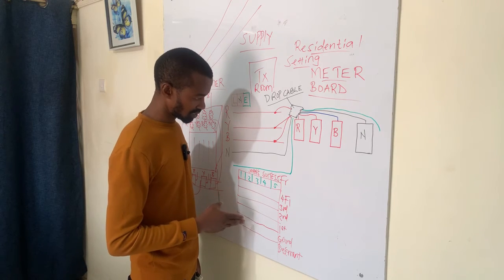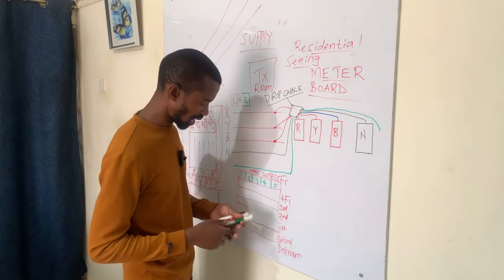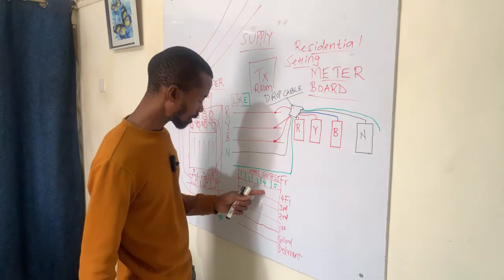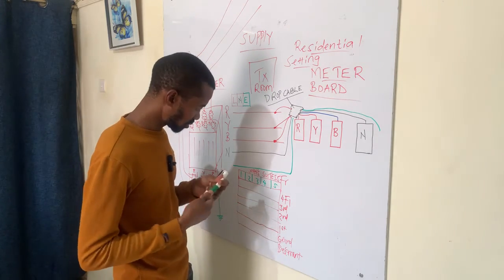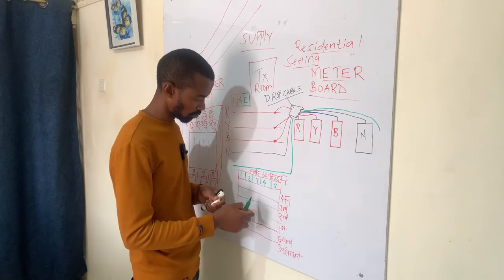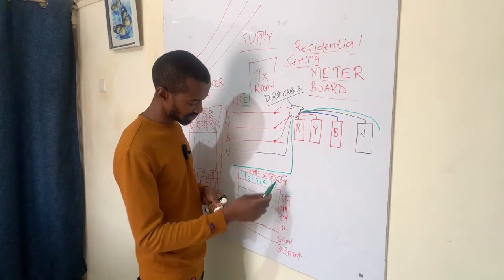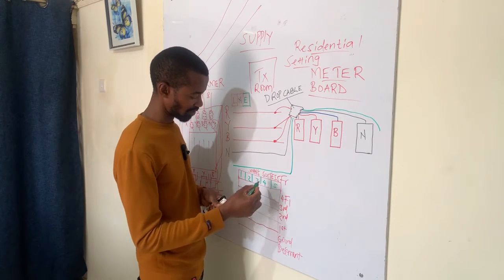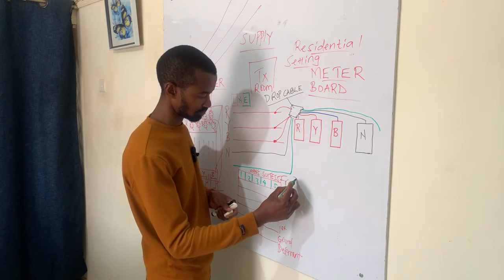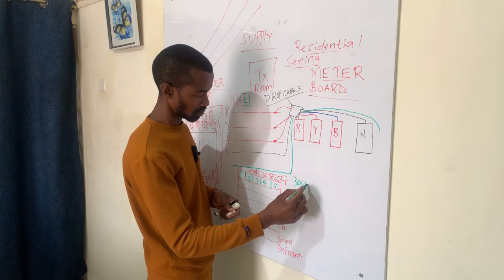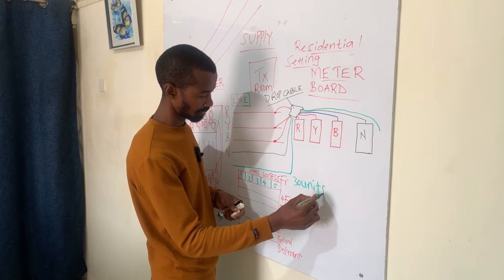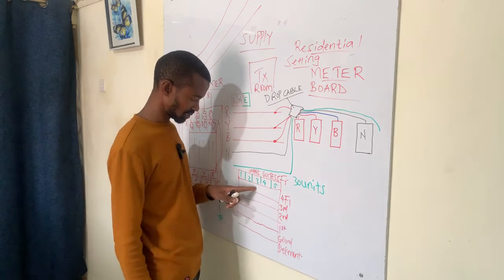So when it gets to our meter board, we will now have, let's say, how many houses are these? For each floor, we have 5 houses. We have 6 floors, which means we have 30 units. Is my math really making sense?